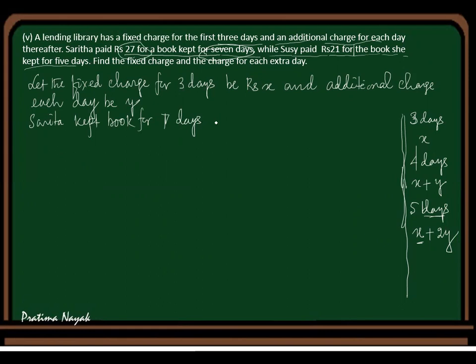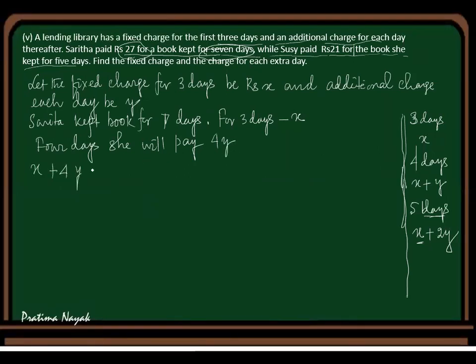So for 7 days, for 3 days no extra money, and for the rest 4 days she will pay 4Y. So X plus 4Y is equal to 27. Equation 1.